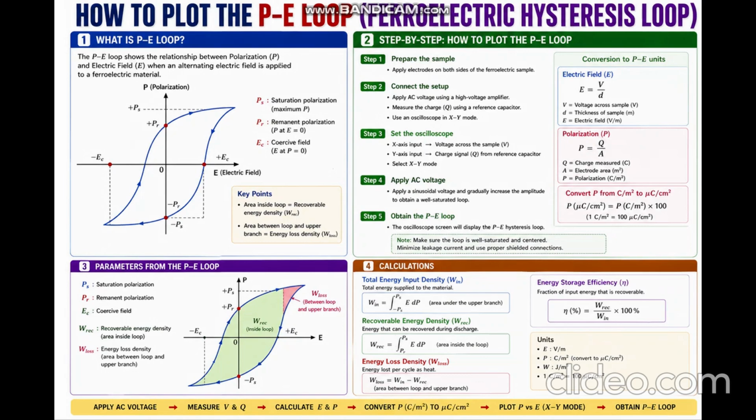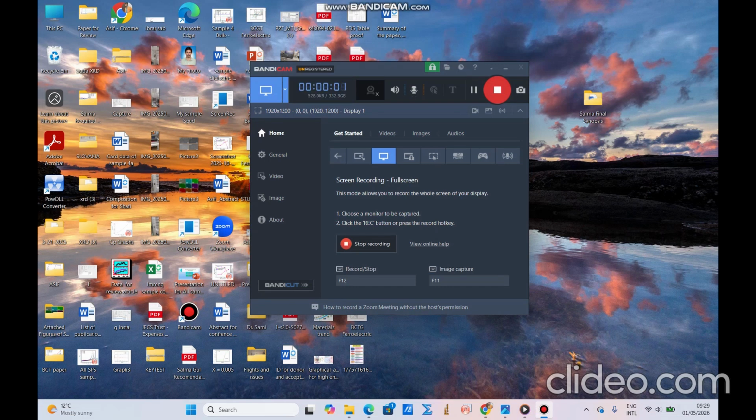So now coming towards the plot, I will show you how we plot the data that we receive as it is from the machine, and then we will plot the PE loop. Now we will start to analyze the data that we receive as it is from the machine.